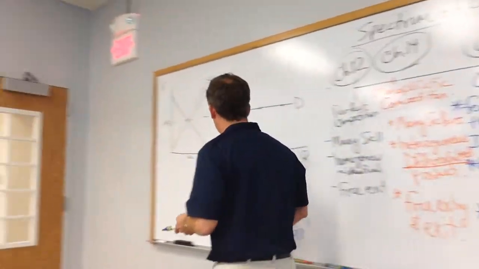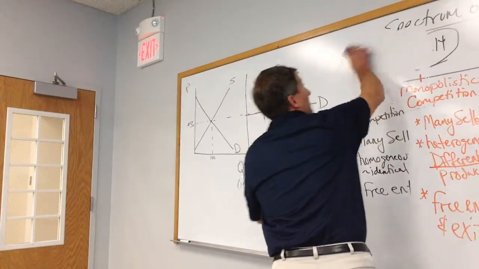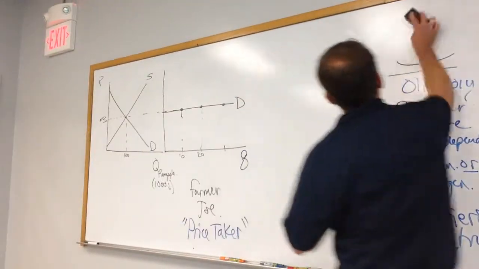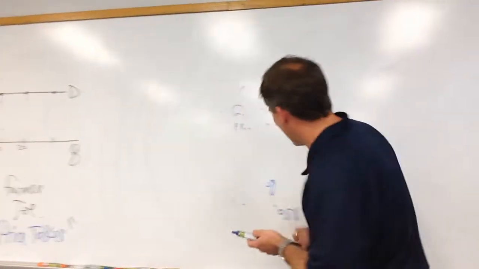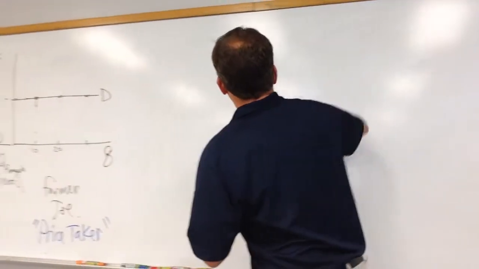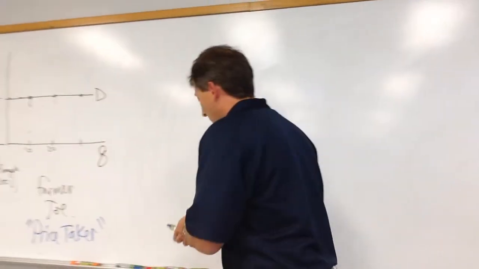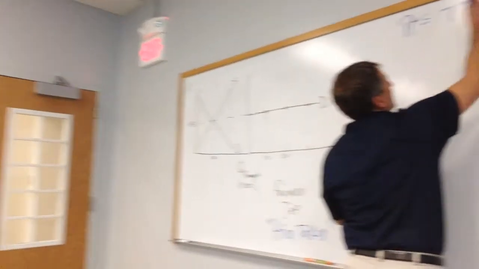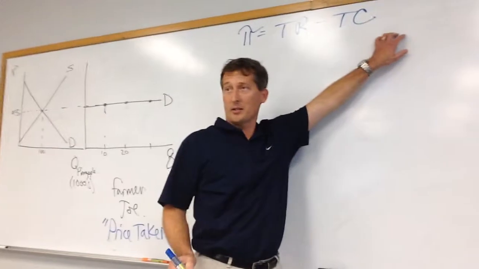Now, if Joe does indeed sell 10 in the market, what is his total revenue? What's his total revenue for his company if he brings 10 to the market? $30. Good. So we can bring this back into the bigger discussion of profits. Profits are equal to total revenue minus total cost. We spent a whole chapter talking about total cost.